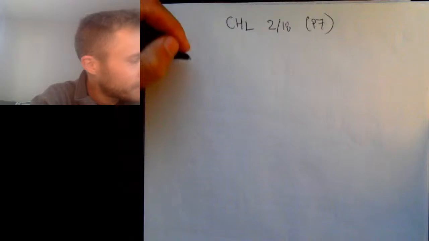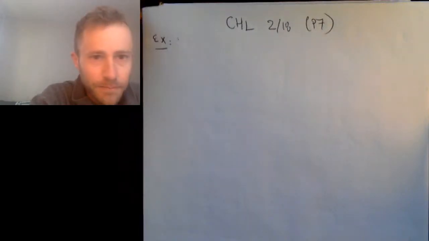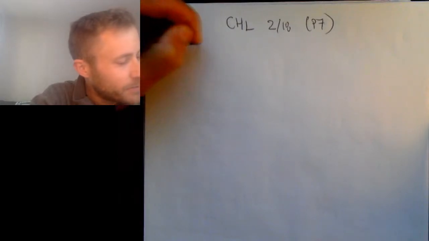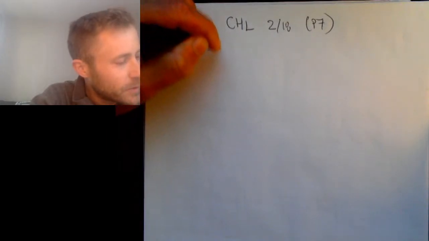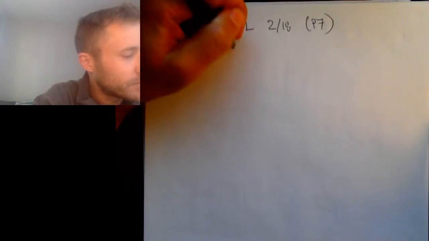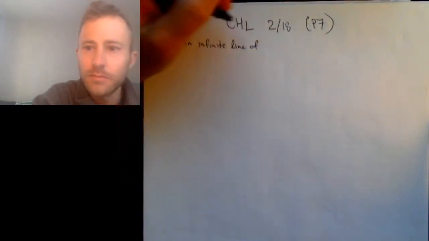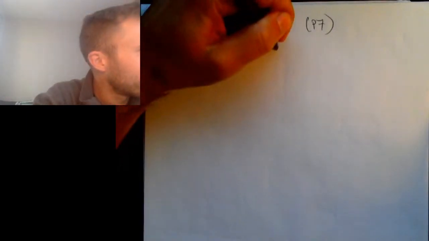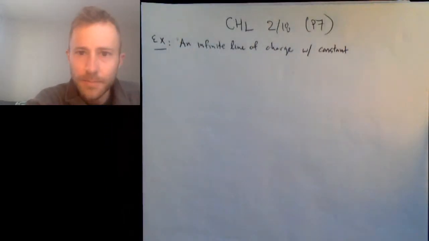So today's lesson, the first example is going to be an infinite line of charge with a constant lambda.